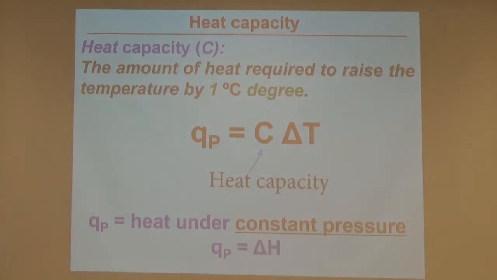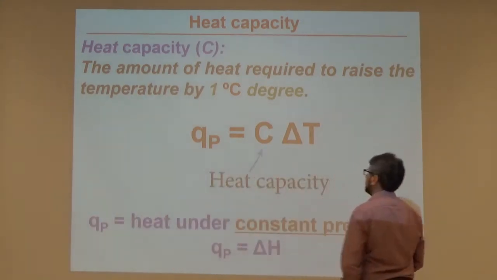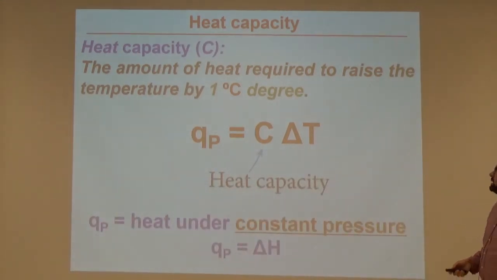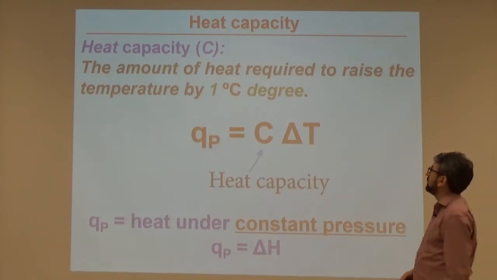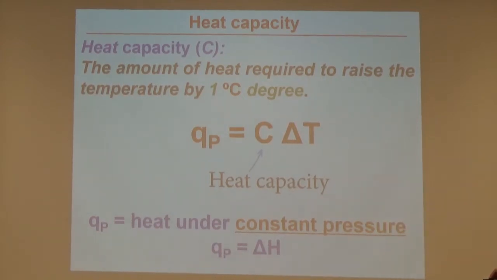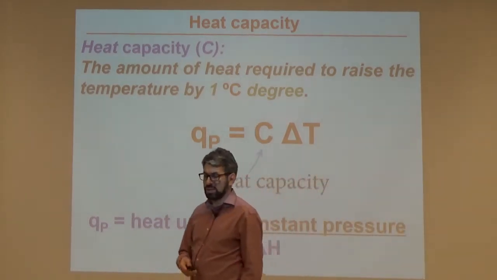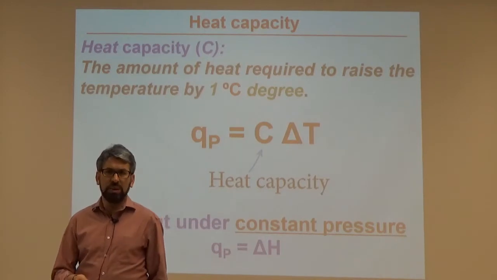So heat capacity, as is written, is equal to the amount of heat that you need to apply to increase the temperature by 1 degree. But the problem with heat capacity is that it does not say anything about the mass.